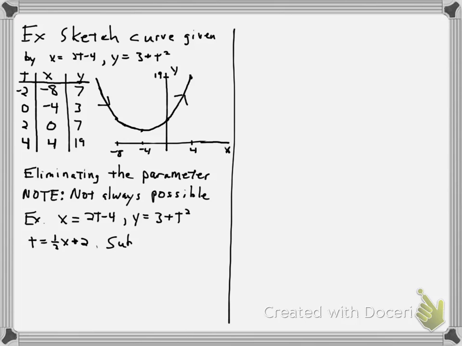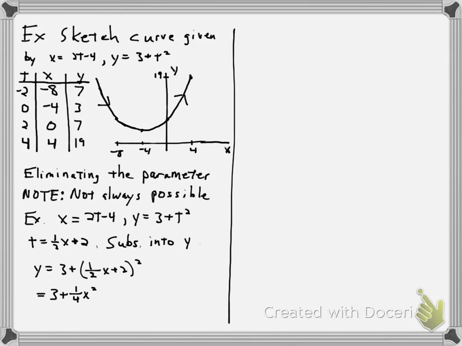And now we substitute into y. So y equals 3 plus, and now using parentheses, 1/2 x plus 2 quantity squared, which equals 3 plus, if I FOIL, I get a 1/4 x squared.